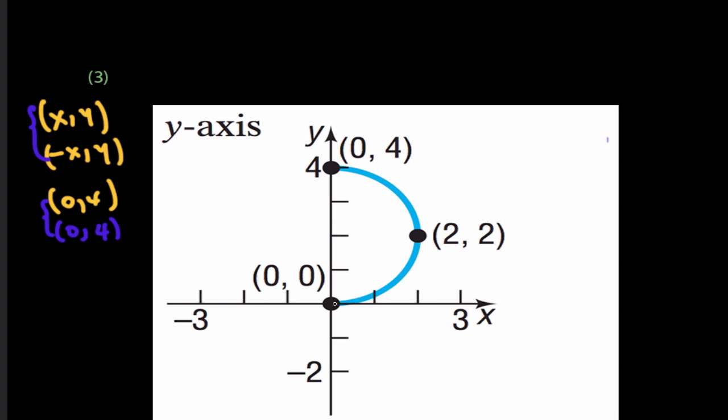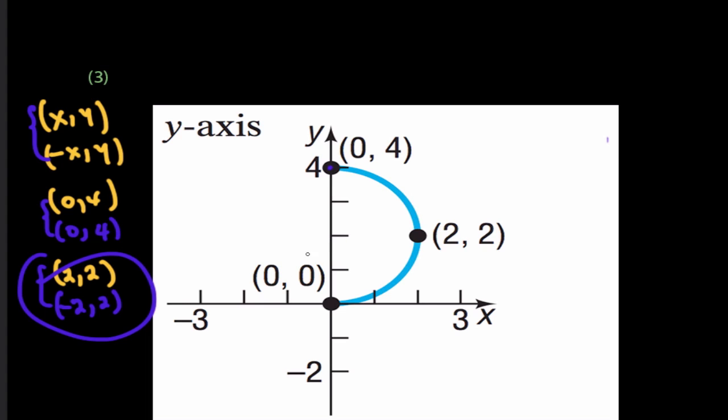Another point is (0, 0), which is also (0, 0), and then (2, 2). Then it must contain the negation of the x coordinate only, that is negative 2, and 2 here. So this stays, but the only one that changes is the x.